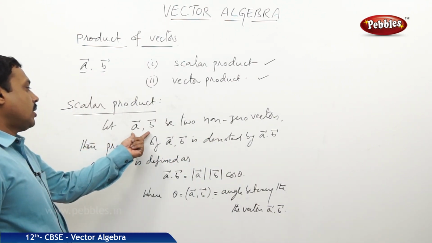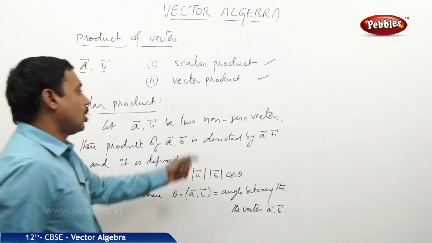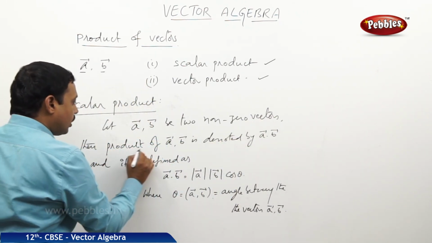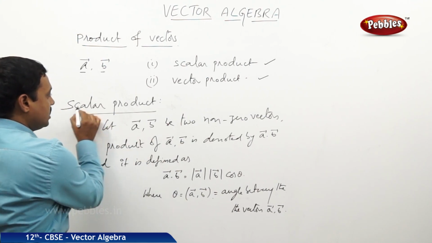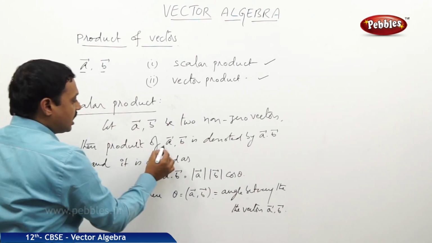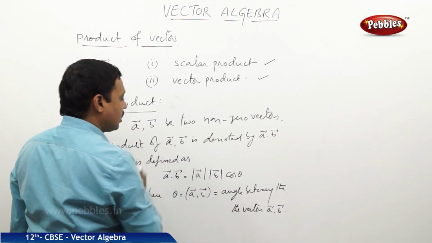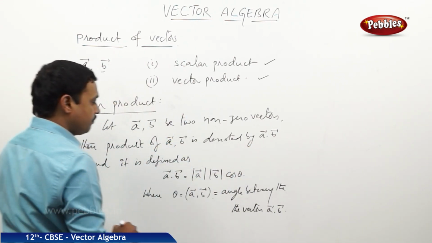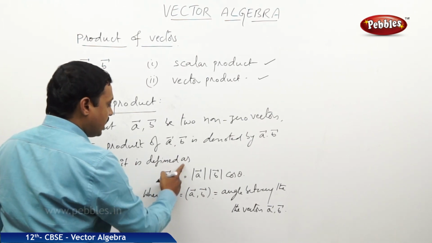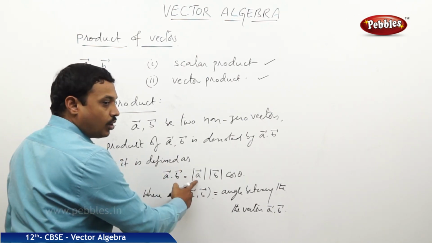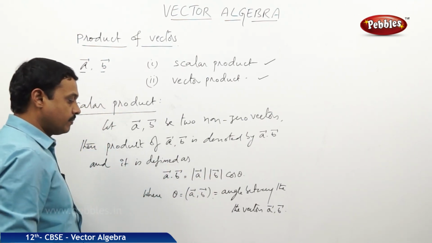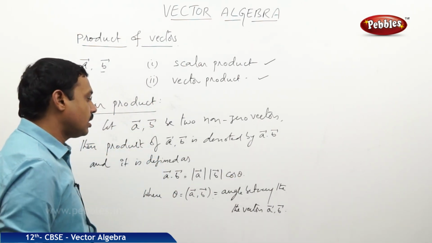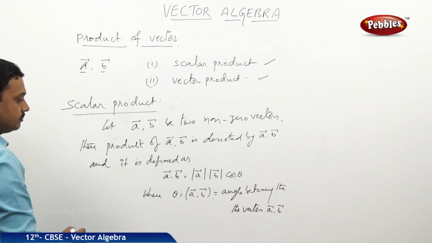So A bar, B bar are two non-zero vectors. Then the product, product means here scalar product, of the two vectors A bar, B bar is denoted by A dot B, and it is defined as A dot B is equal to mod A mod B cos theta, where theta is the angle between the two vectors A bar and B bar.